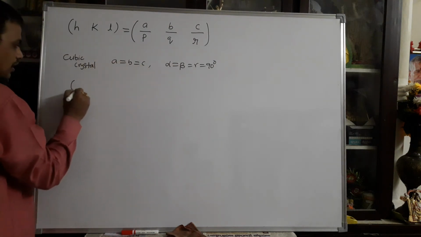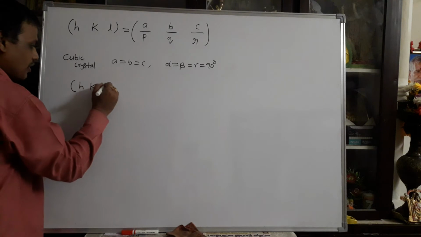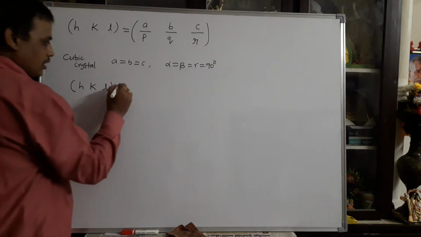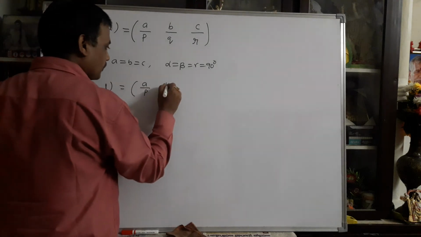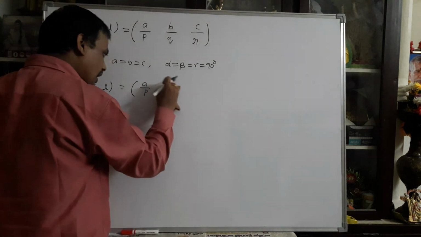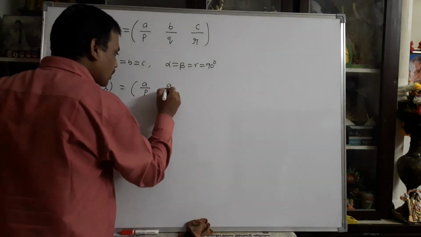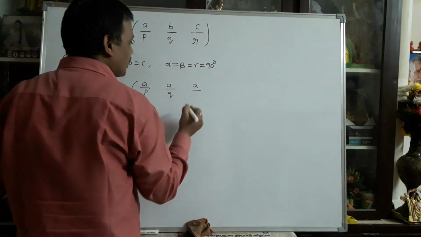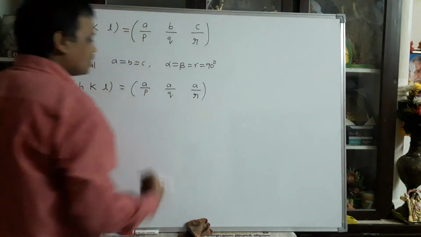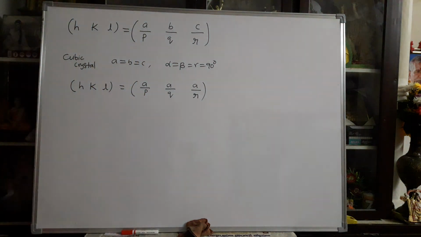So the Miller indices for a cubic crystal can be written as HKL equal to a by p. b is also taken as a, so a by q. c is also taken as a, that is a by r. This is the Miller indices for a cubic crystal.